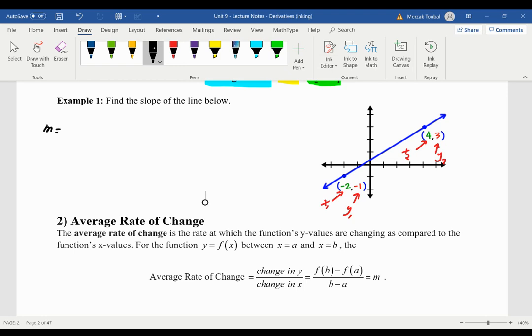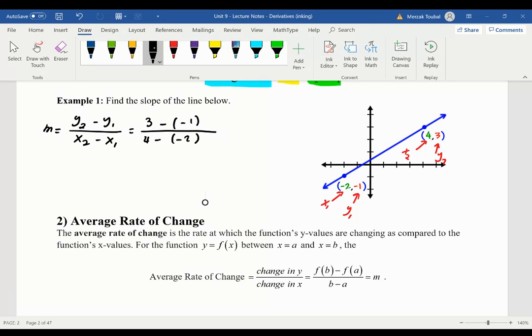So the slope m is y2 minus y1 over x2 minus x1. y2, which is 3, minus y1, which is -1, and x2, which is 4, minus x1, which is -2.